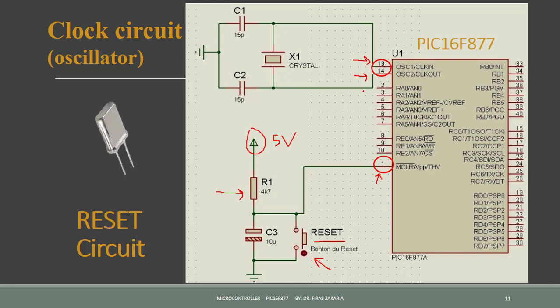So the PIC needs a clocking source to drive its system timing, and this is often done with a crystal like this. Pin 13 is the oscillator input or the external clock input pin. Pin 14 is the oscillator output pin.